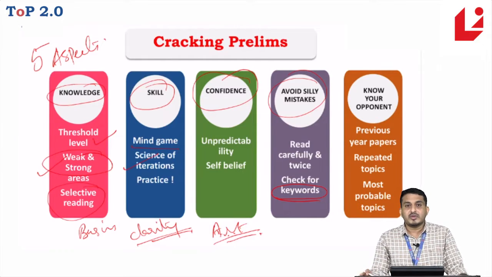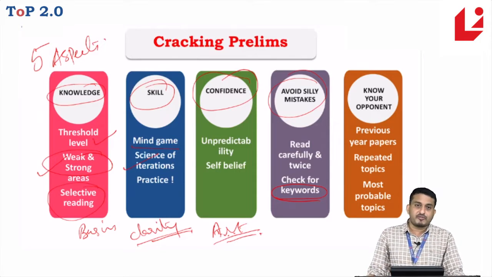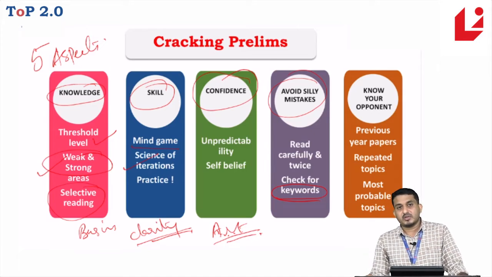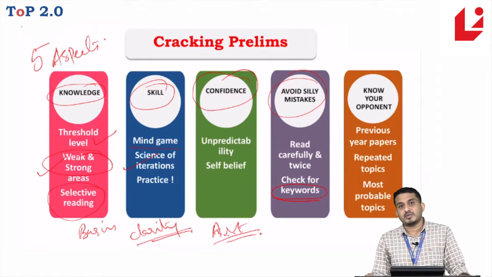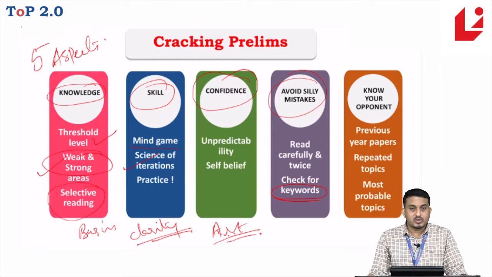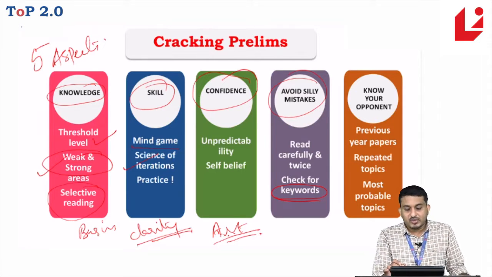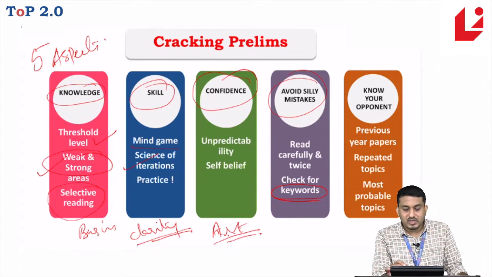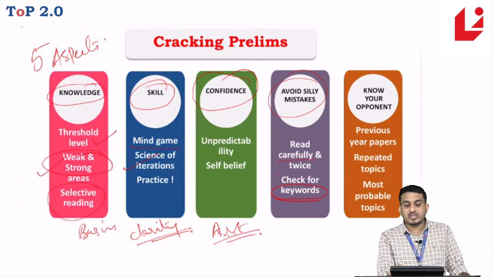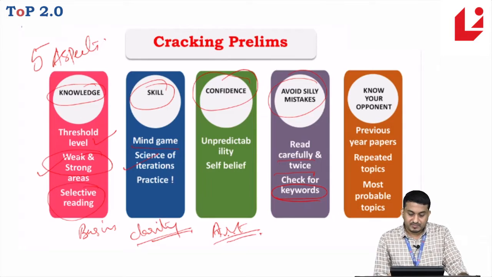For example, which of the following statements are correct or not correct, increasing or decreasing order, arrange from west to east or east to west. Such types of confusions, you should not get confused with these keywords. So read the question and the statements given in the question carefully and twice. And also you need to check for the important keywords.